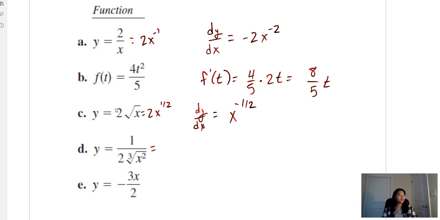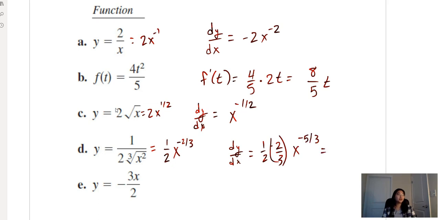Okay. Ooh, look at this. This one looks interesting. We have 1/2 times x to the negative 2/3 power. Lovely. Dy dx, what is that going to be? Well, it's 1/2 times negative 2/3, and I'm going to throw parentheses there so I don't accidentally subtract. And then I have x to the, and then negative 2/3 minus 1 is negative 5/3.